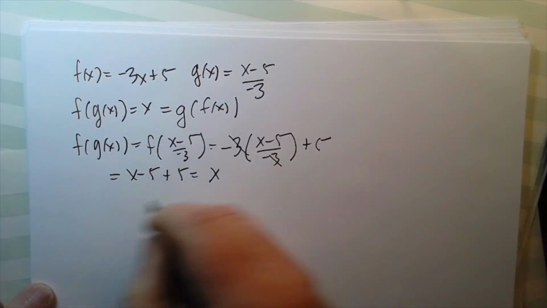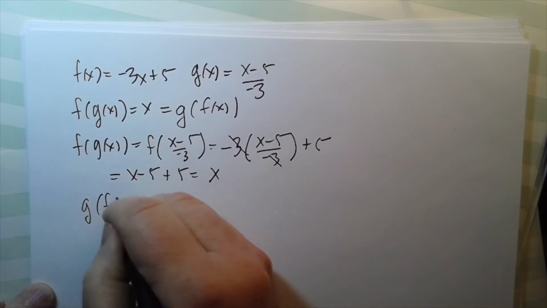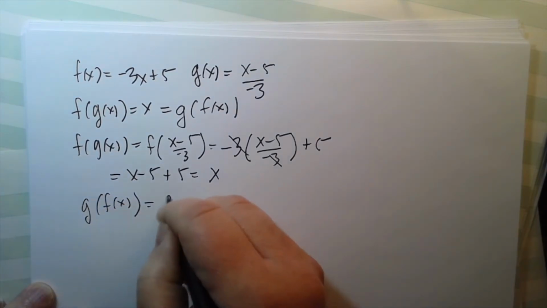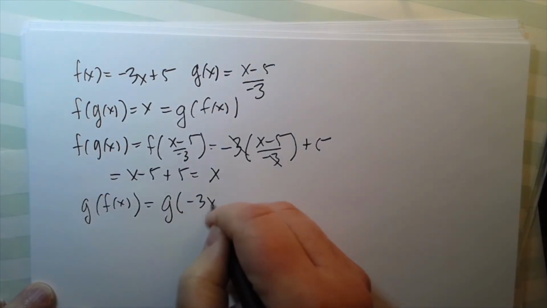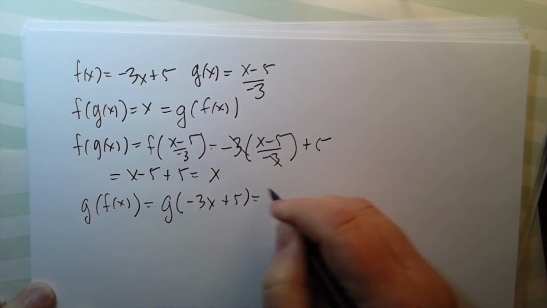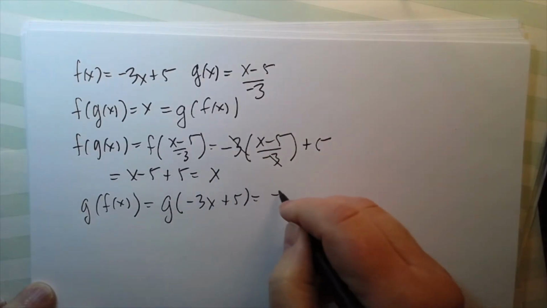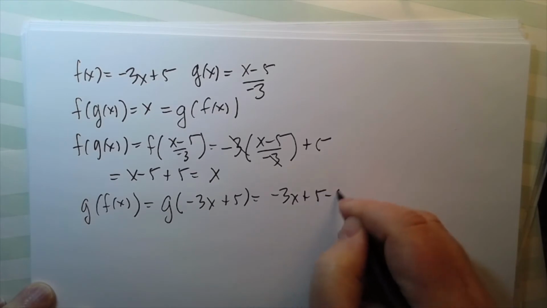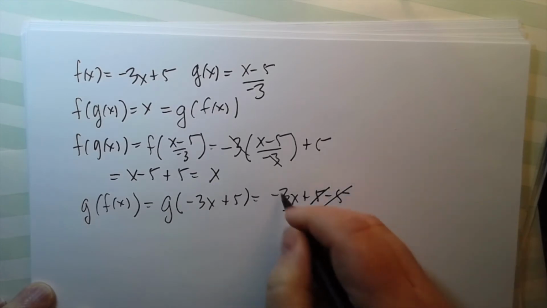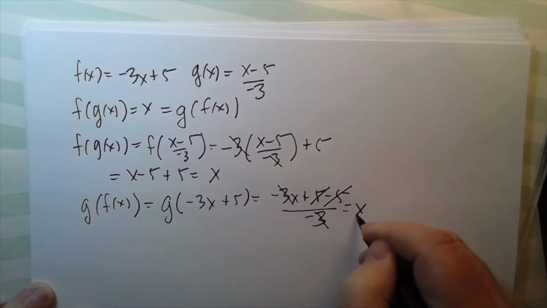That way worked. Now let's go the other direction, g of f of x. So g of f, which is negative 3x plus 5. Now we plug that in for the x here, so that's (negative 3x plus 5 minus 5) over negative 3. Those subtract off, and those divide out, leaving x.